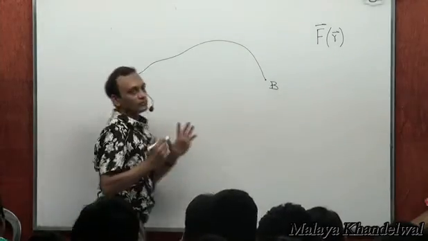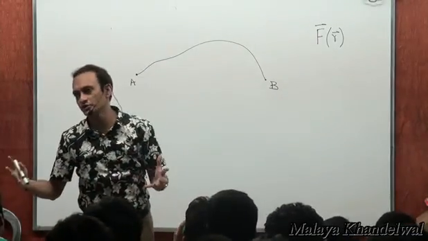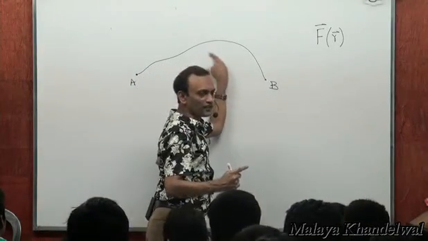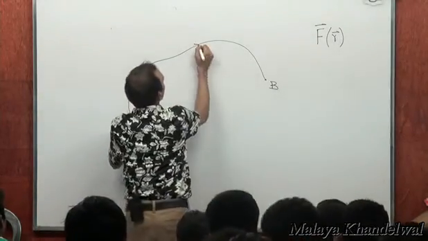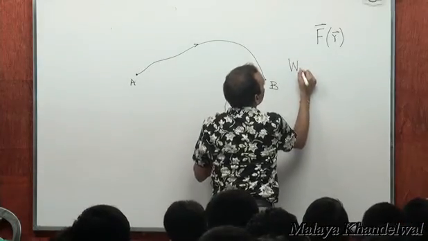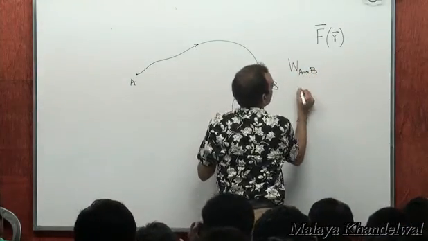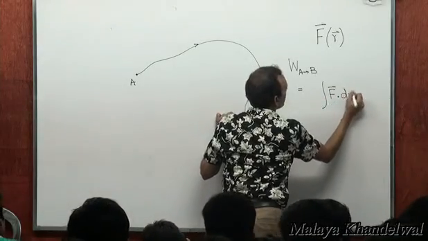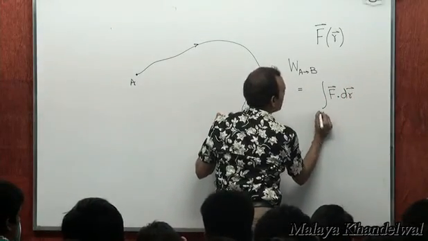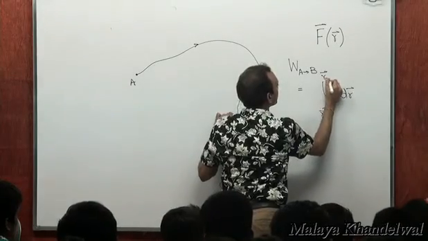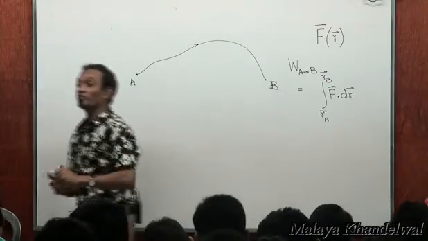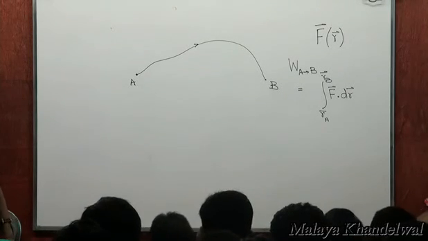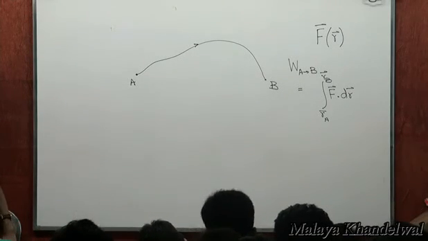And in a regular procedure, we do F dot dr for every point between A and B, and I'm able to calculate the work done from A to B along this trajectory, say. F dot dr for every single point, r running from Ra to Rb, gives me the work done by the forces of the field, or work done by the field, from A to B. Clear? Yes or no?